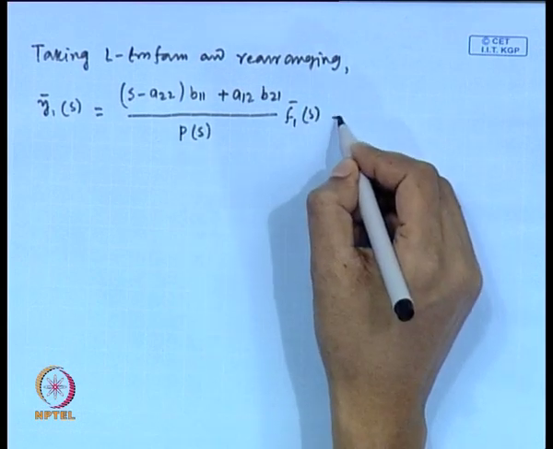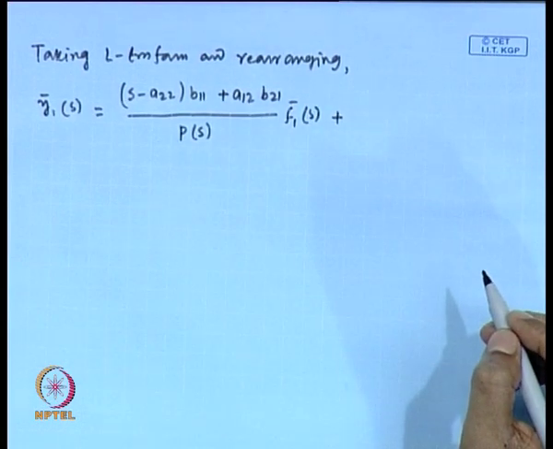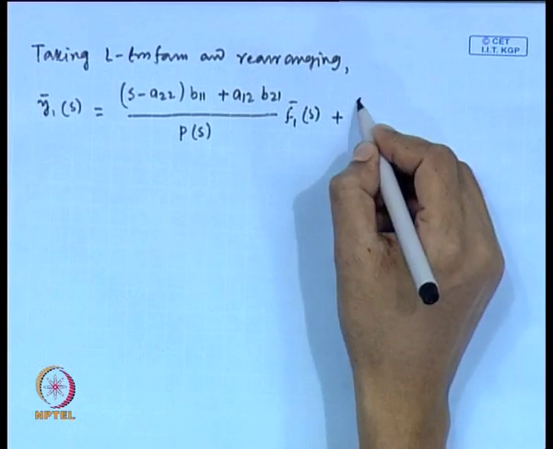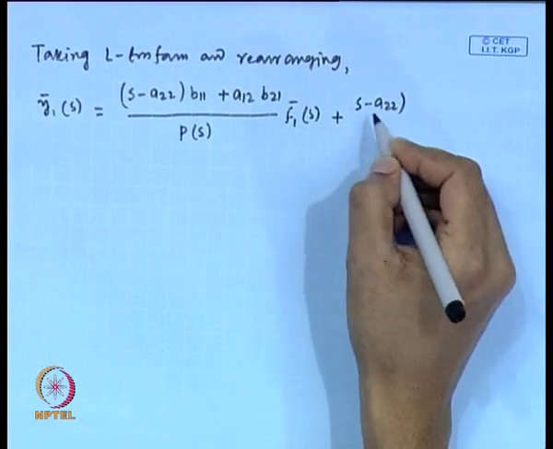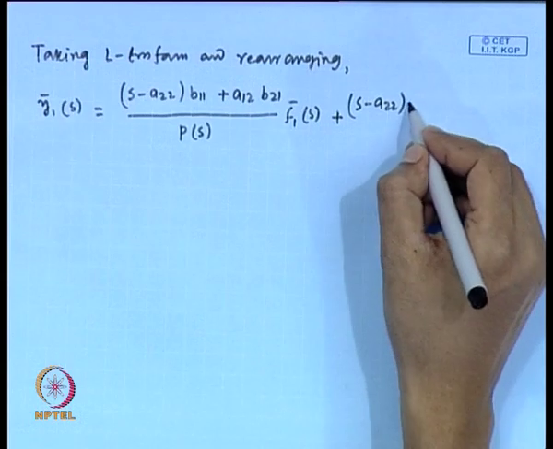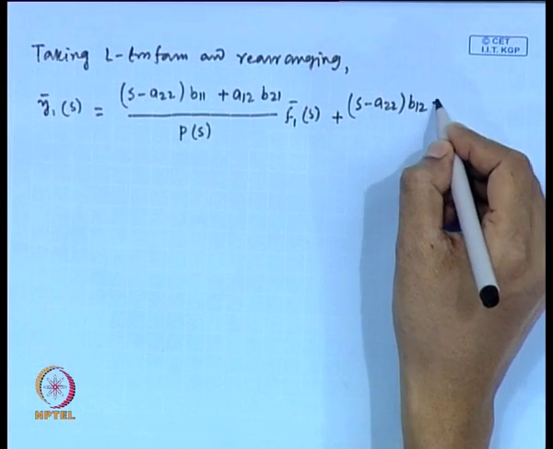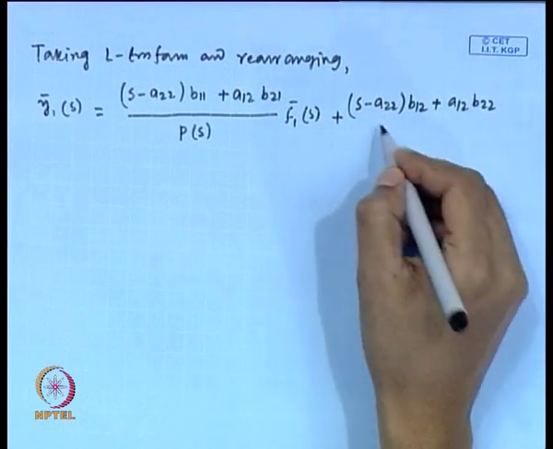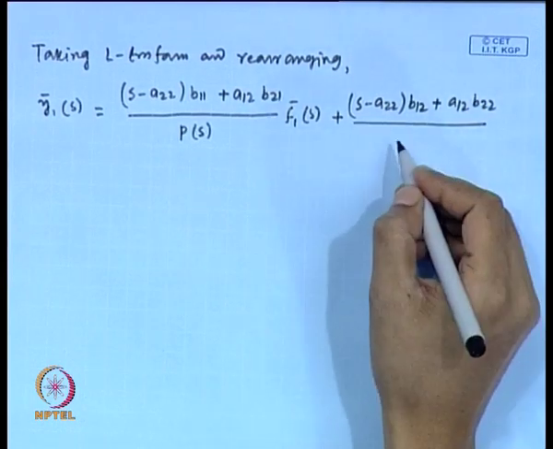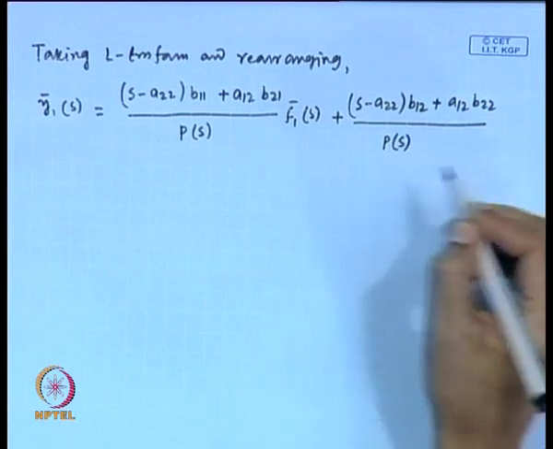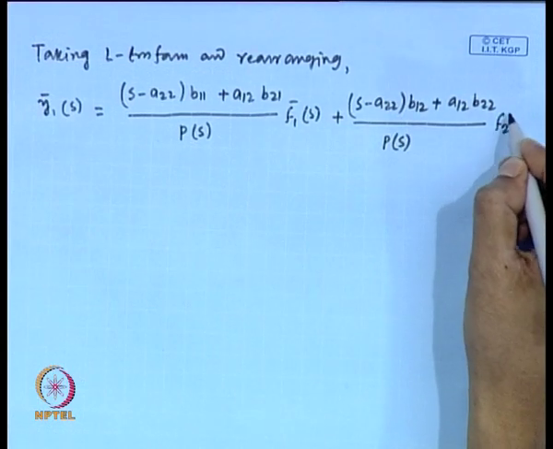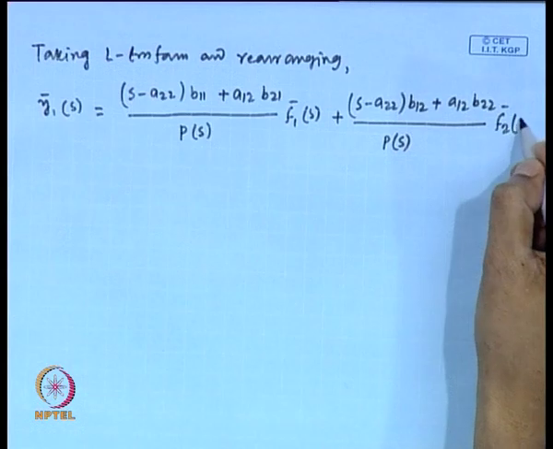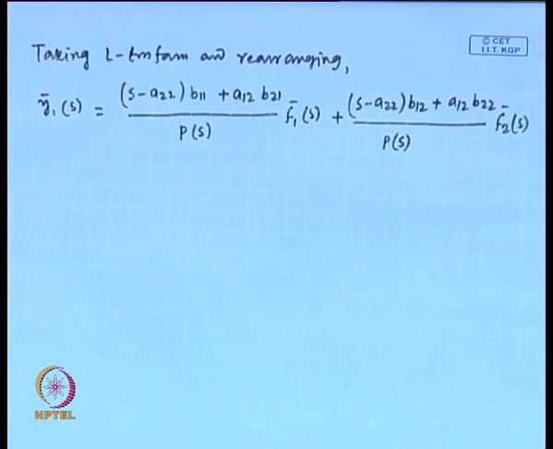So, this is the first right hand term and another term related to F2, that is (s minus a22) b12 plus a12 b22 divided by P(s) multiplied by F2 bar s. This is the final expression for y1.